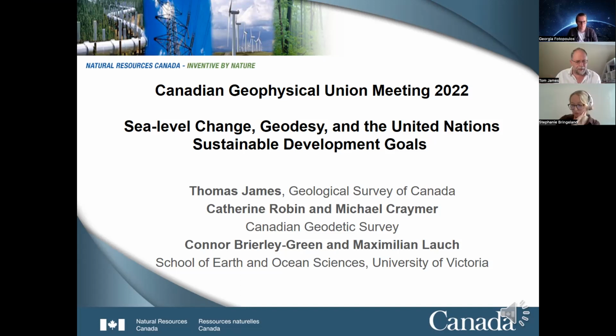Some of my comments will be global in nature, but I'm largely going to focus on some work that we've been doing within Canada to generate robust sea level projections that are up to date and embody the best available information.